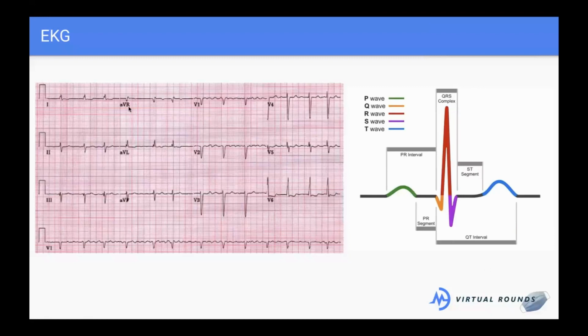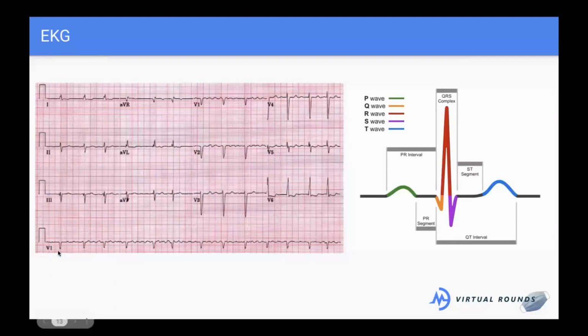I don't expect you to know how to read this, but the main thing I want you to look at, remember how I did that stupid lub-dub thing a minute ago? That was kind of signifying the rhythm that the heart was beating. So we call this peak here the R peak, the tall pointy peak. This is the best lead to do it on, unfortunately. It's going down, but that's just because of the conduction in the heart. So it's not bad that this one's going down, but this is the R peak. If you look at the distance from this R to this R versus this R to this R, you'll notice that they're not the same.